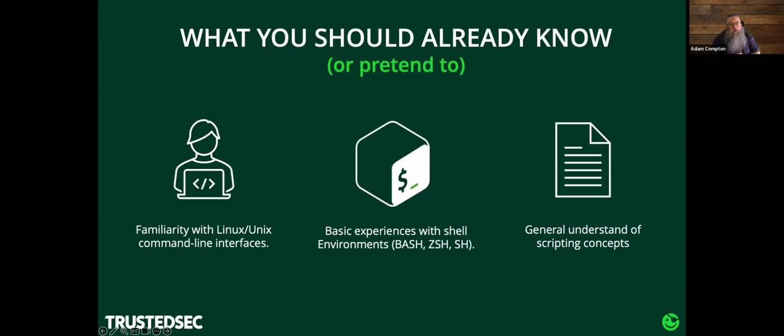First of all, this does assume that you have some familiarity with Bash, general concepts around what Bash is. It is a shell environment, much like ZSH or SH or Dash or any number of others you may encounter on a Unix system.